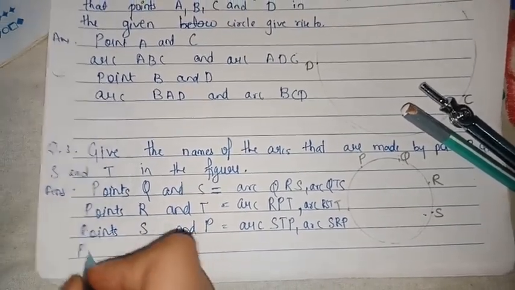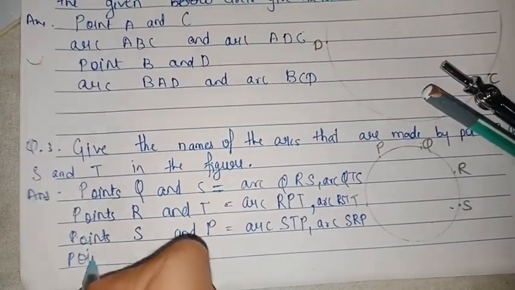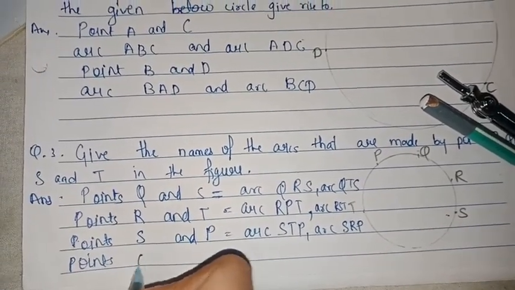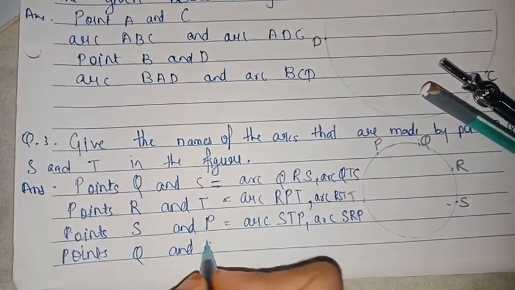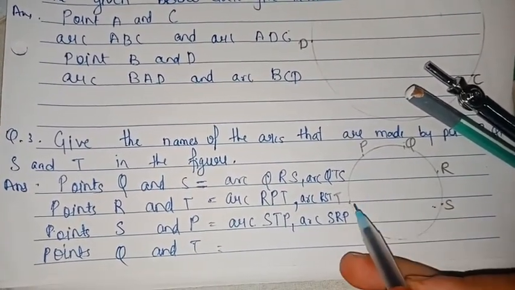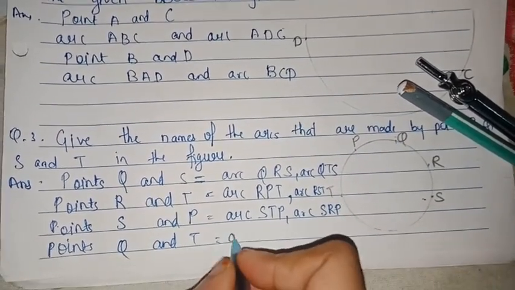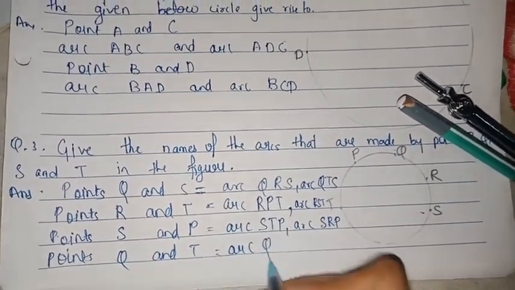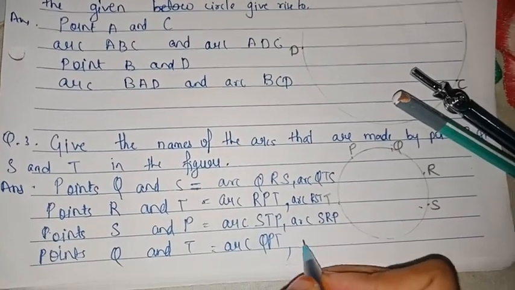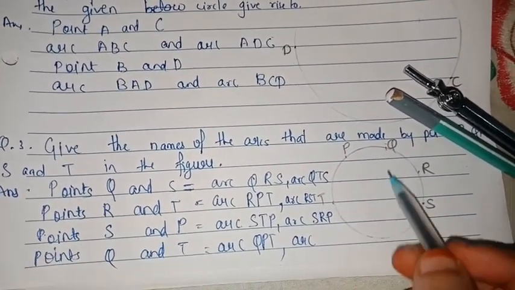Now points Q and T. Q is here and T is here. So first arc is arc QPT. Second arc is QST.